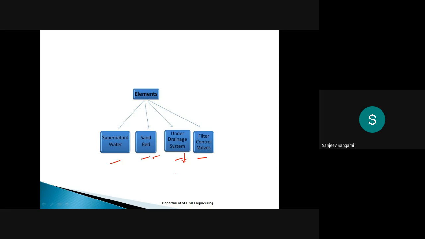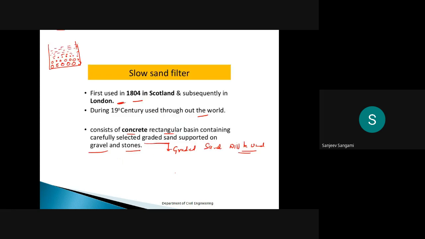Under drainage systems means, when after the filtration process the water has to flow either downwards or upwards, there will be a channel made available to catch the filtered water.